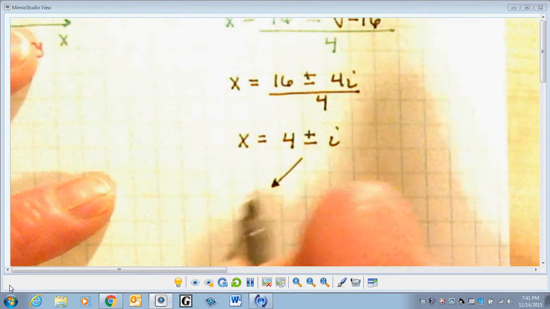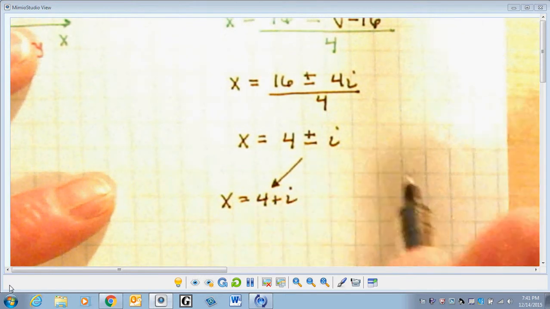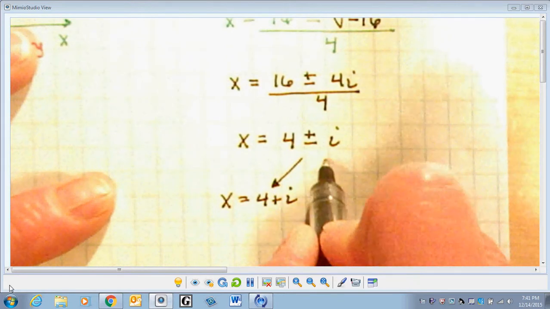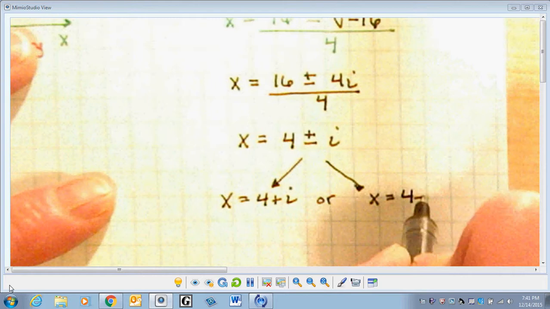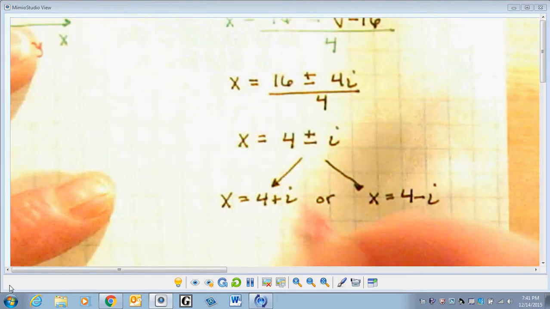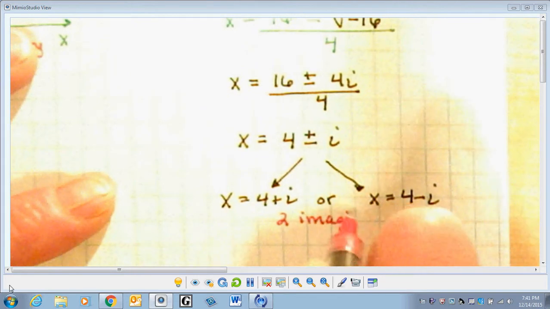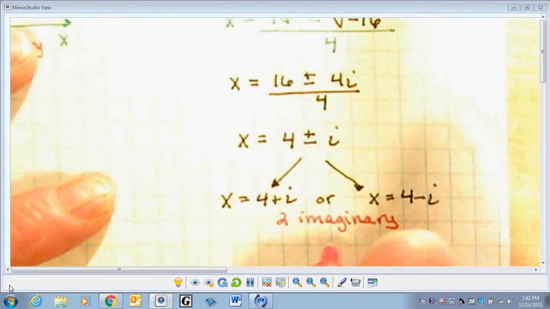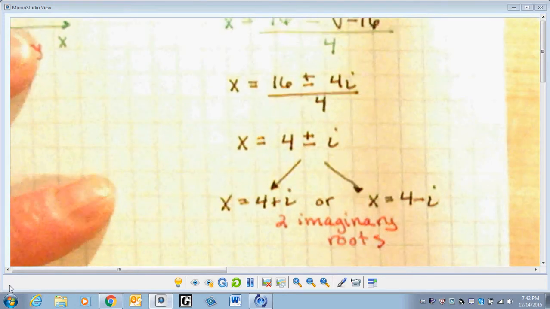That means I could have x equals 4 plus i, or x equals 4 minus i. So I have 2 imaginary roots. Okay, I have 2 imaginary roots.